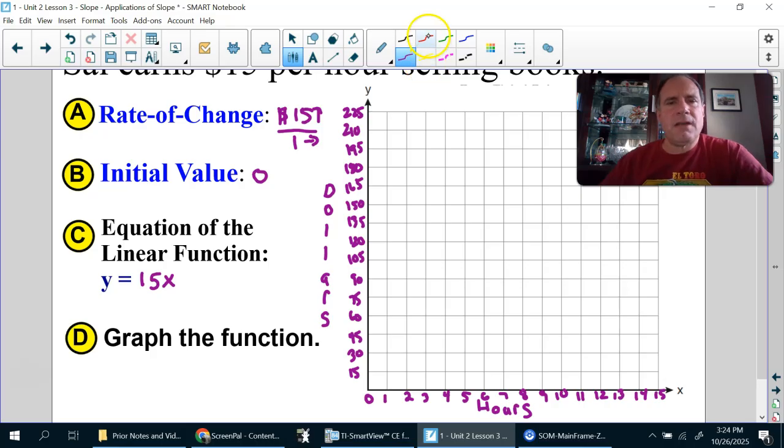All right, so we counted by 15s. We do not need a break. This is where you are consistent. You are skipping up to 15, but it is consistently skipping by 15s.